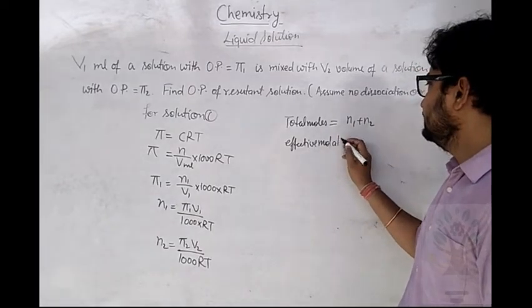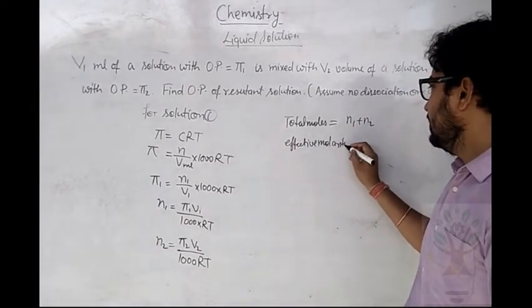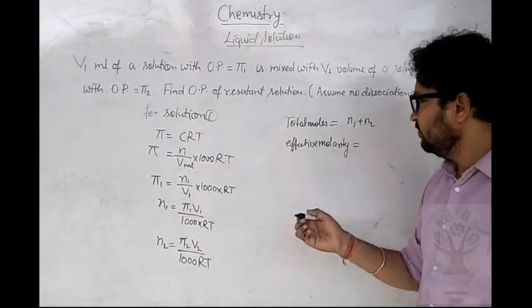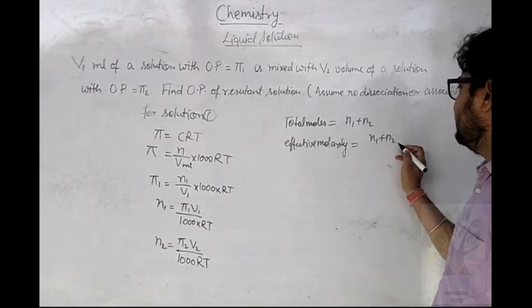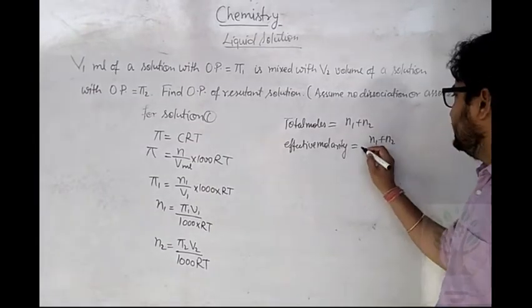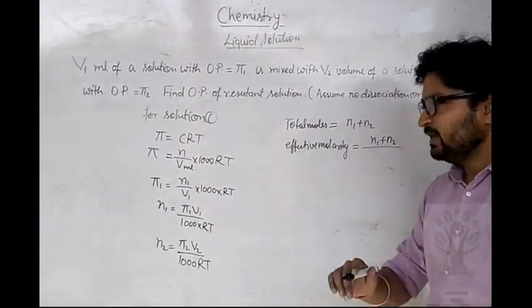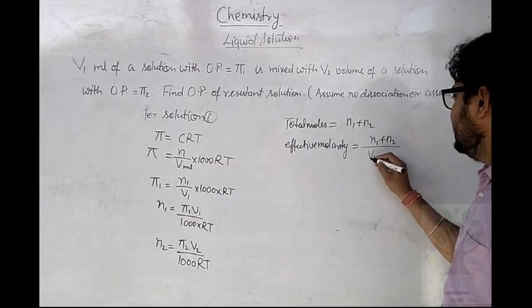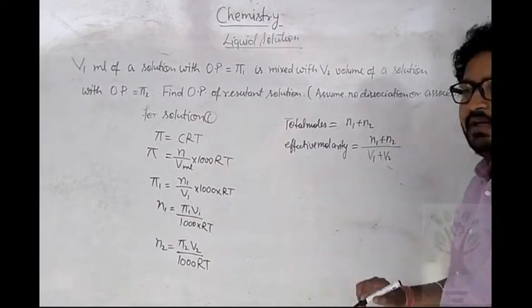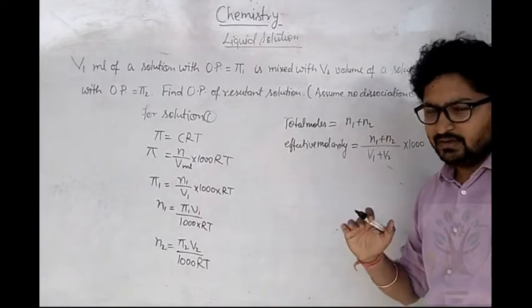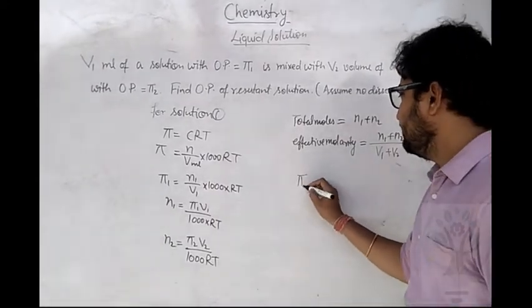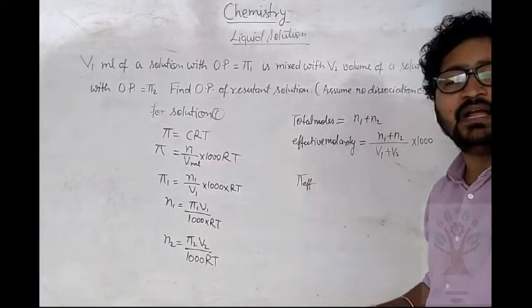Now, effective molarity. What will be effective molarity? Effective molarity will be N1 plus N2, the moles of solute, divided by total volume in ml. What is total volume in ml? V1 plus V2 multiplied by 1000. Is this clear to us? Good. Now what will be pi effective or pi resultant?